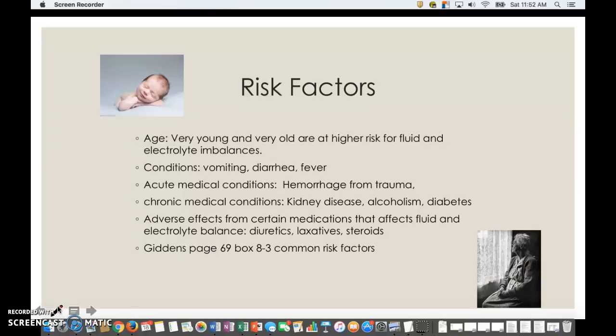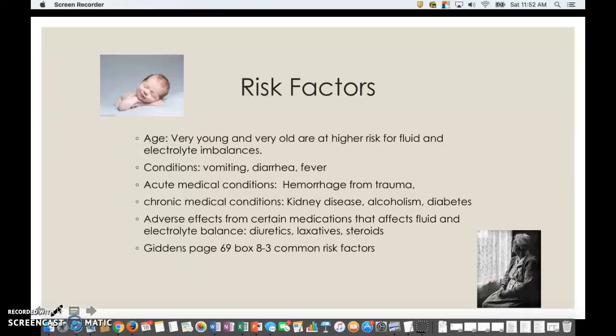Their metabolism is higher, their respiratory rate is higher, their subcutaneous fat tissue is lower, so they lose fluid through their skin. They're breathing faster, so they lose moisture through their breathing. Their kidneys are immature, so they're not able to hold on to fluid as well.